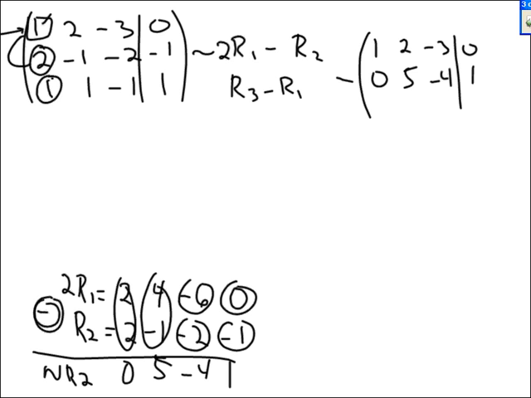Now row 3. We don't have to scale any of the rows. We're not multiplying any of the rows by anything. That is, we'll just do it. 1 minus 1 is 0. 1 minus 2 is negative 1. 1 minus a negative 3 is 2. And 1 minus 0 is 1.